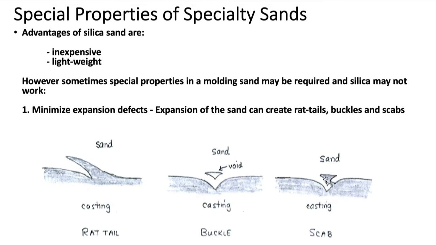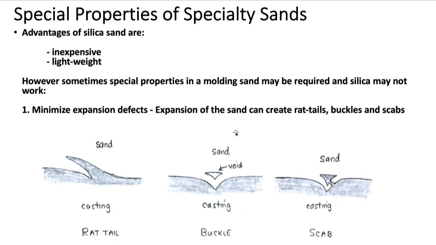This could be a row of material as well. This is not just one little spot. Especially these buckles, they look like a crack running across your casting. Okay. So those are some expansion defects.